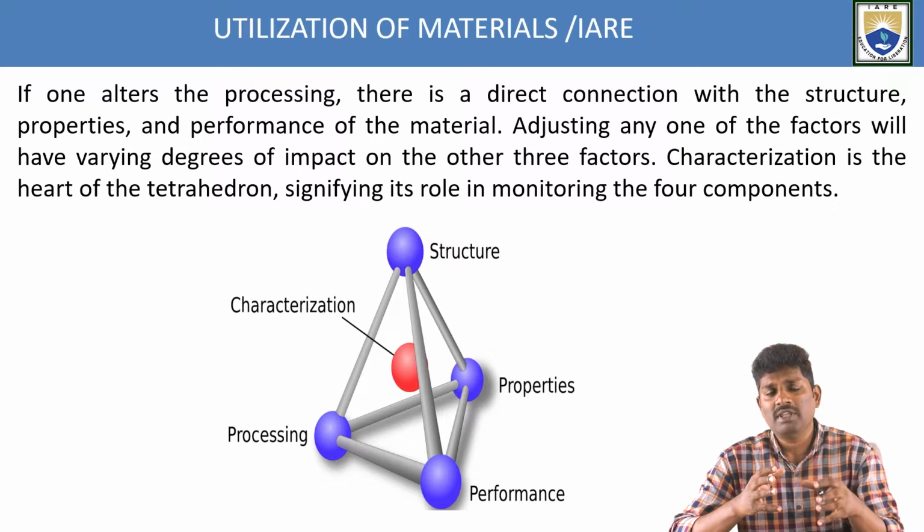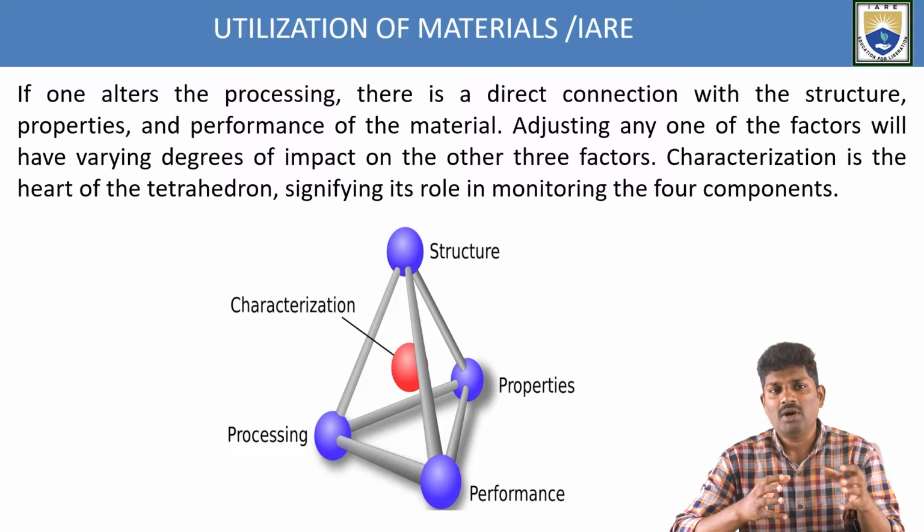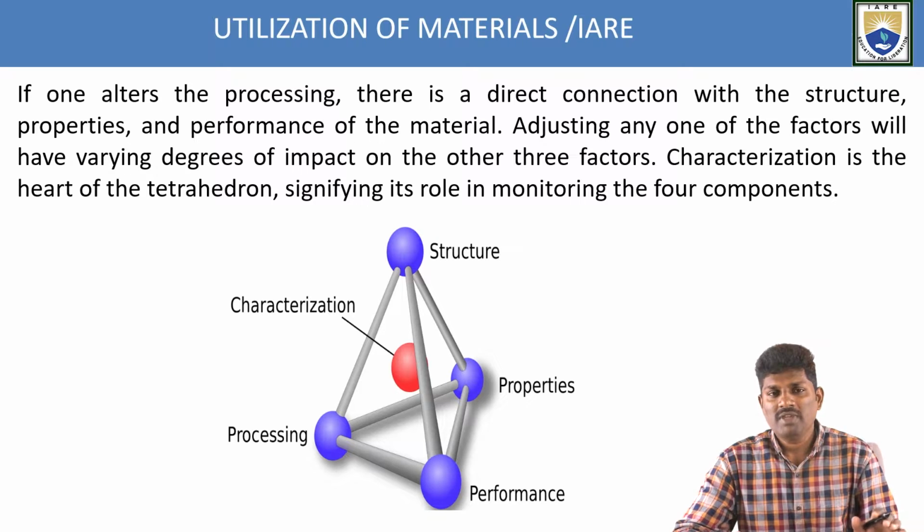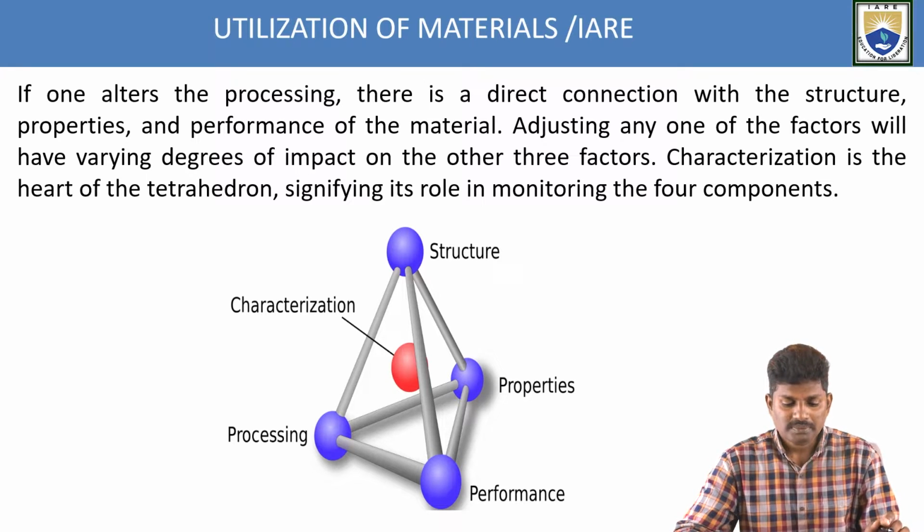So we have to be very, very careful when we are changing any property or performance or the structure of the material. Since these are interrelated, there should be very careful observation while selecting a material or making any change to the material.